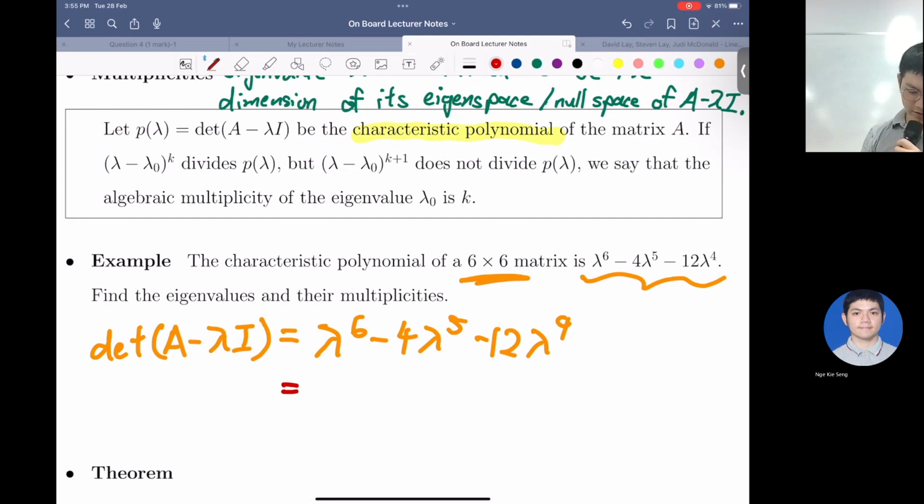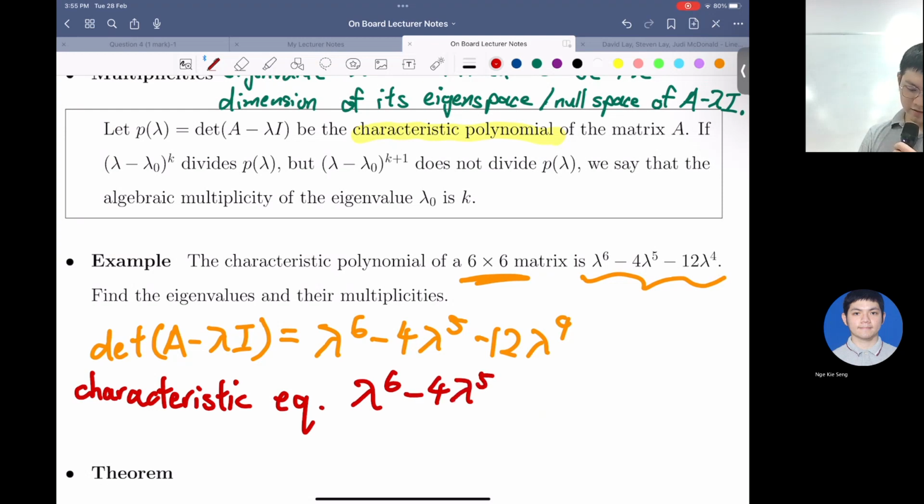So what are the eigenvalues? You need to consider the characteristic equation. You set the determinant equal to 0, so lambda to the 6 and so on equals 0. How do you factorize it?